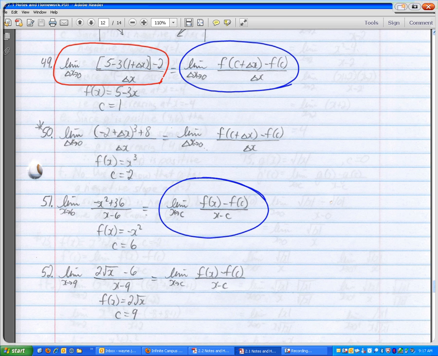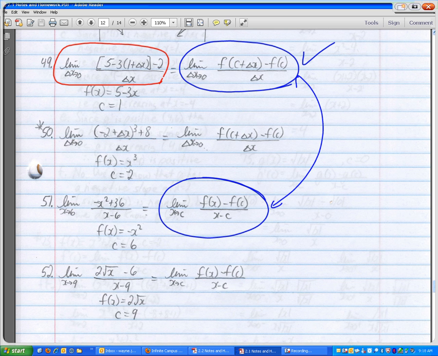So the first thing I'm going to try to decide is which form does this look like? Does it look like the definition of the slope of the tangent line, or does it look like the alternative form of the derivative? Well, 49 looks like that to me. Okay? You tell me. I was about to ask, what am I looking at to see the difference?